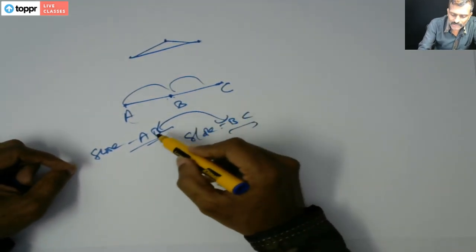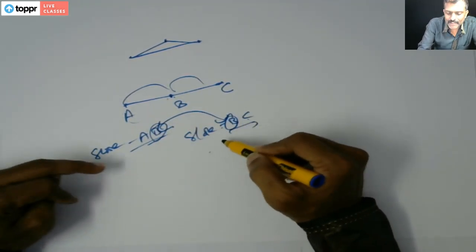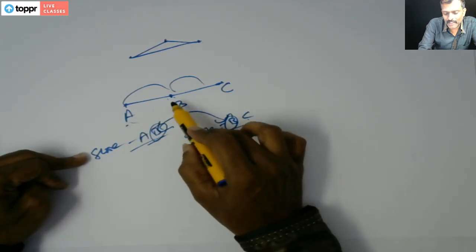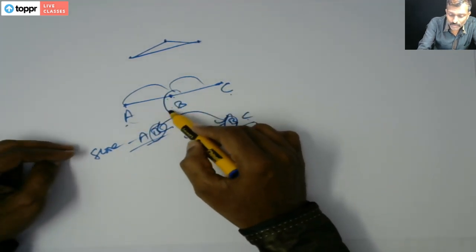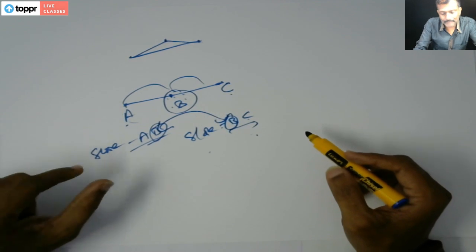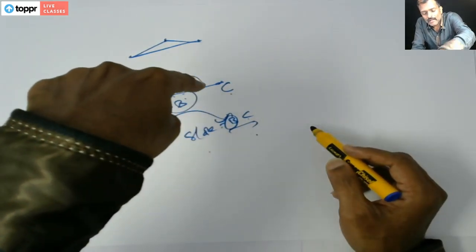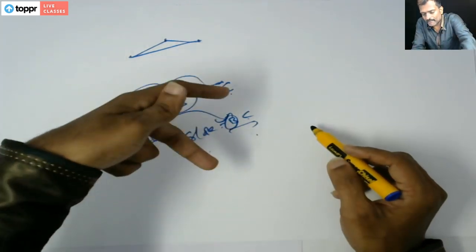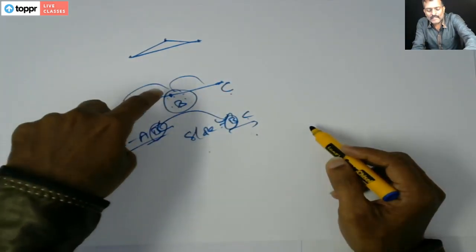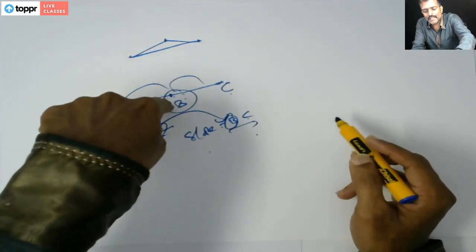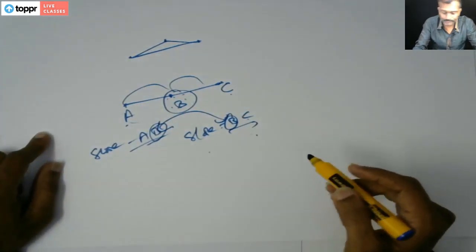No, because there is a common point B in these two things. For the line segment AB and the line segment BC, you have a common point B. That is the reason we can simply say these two line segments are not different. They are the same line when their slopes are equal, because AB and BC are coincident.